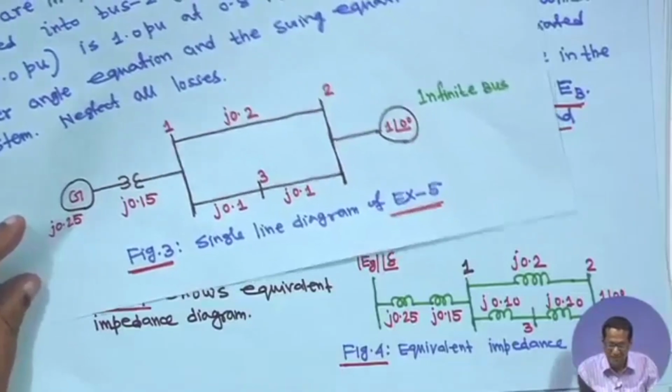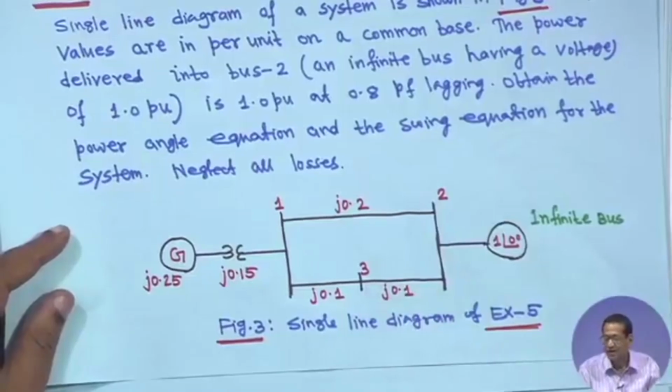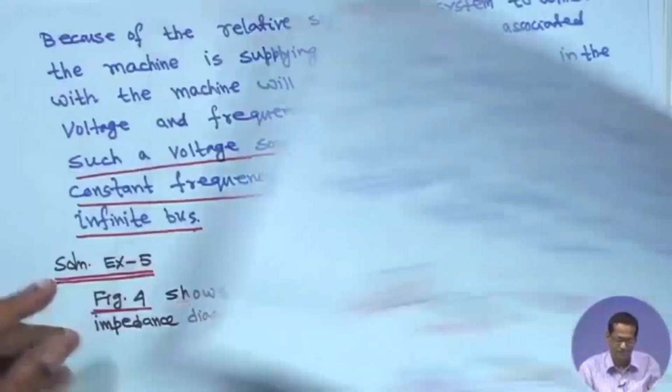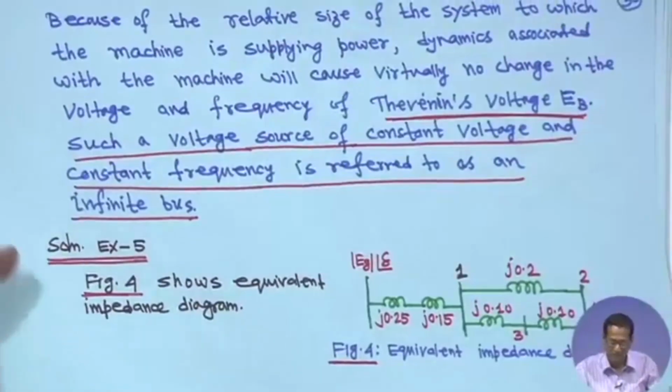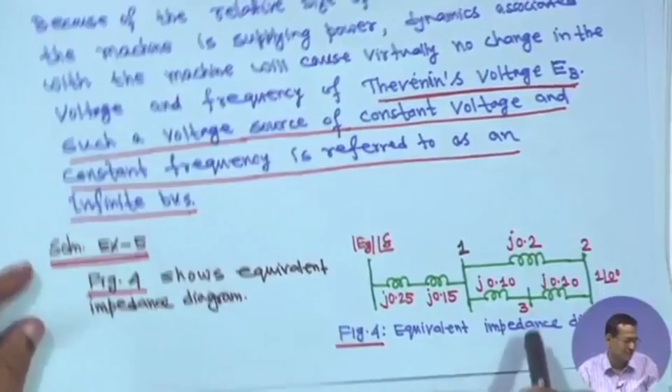So, this is the equivalent impedance diagram of this network. From this one we have to solve it.